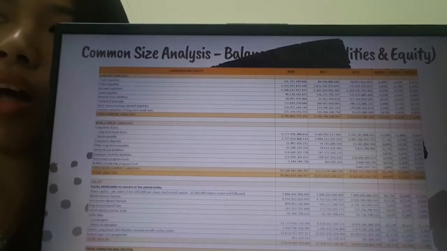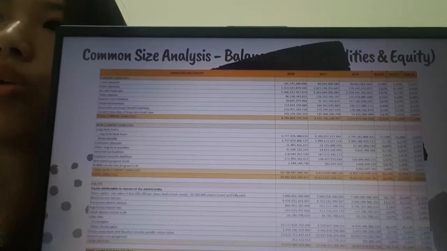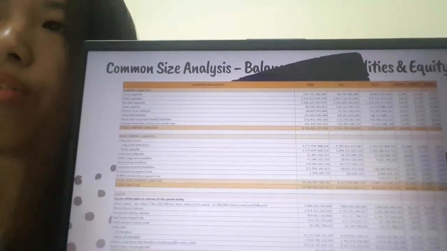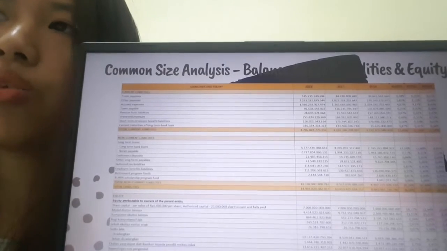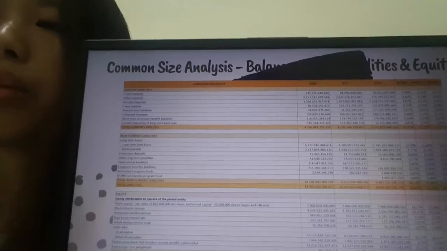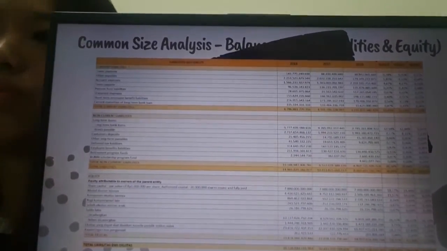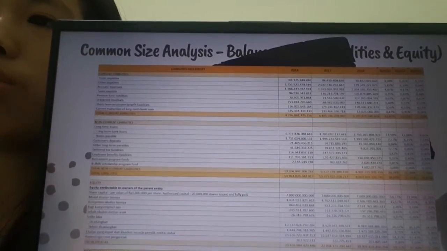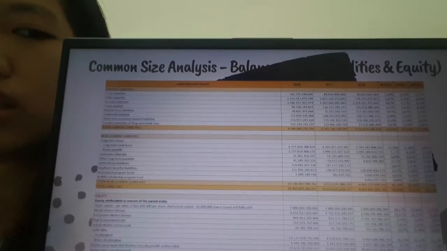And the non-current liabilities are increasing from 2016 to 2018. And the total liability is increasing from 2016 to 2018, from 28% to 38%. And the equity is decreasing from 2016 to 2018, from 71% to 61%.